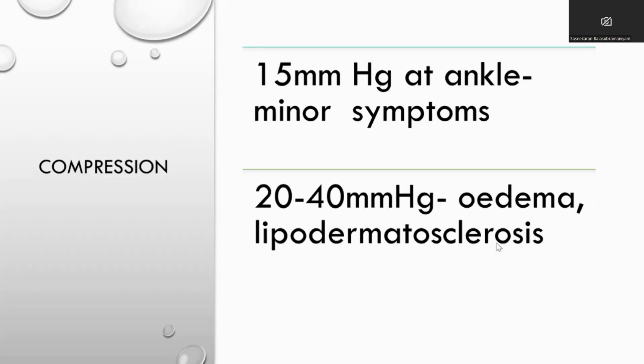So if the patient is having minor symptoms, use 15 millimeters of mercury, and if it is lipodermatosclerosis, you can go for higher pressure. I would say we are talking about ulcers, so we can go for higher pressure if the patient is having a distal pulse.